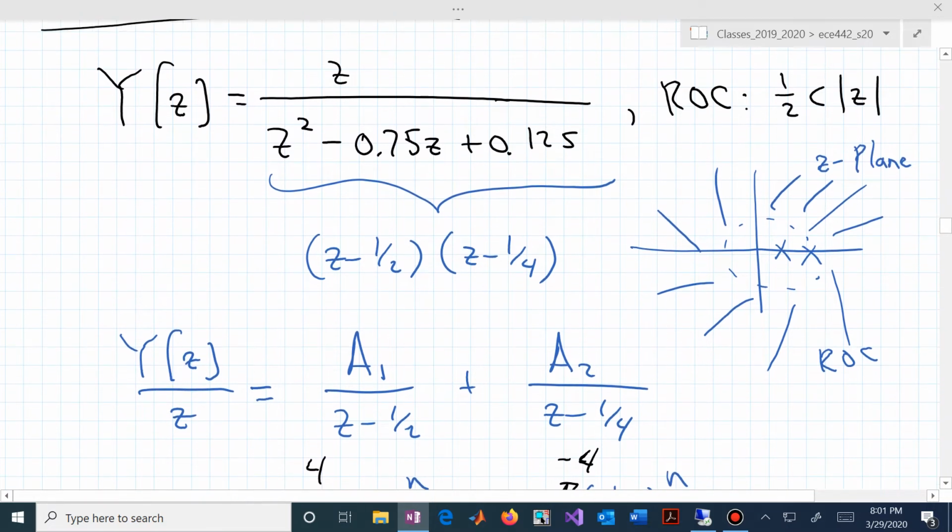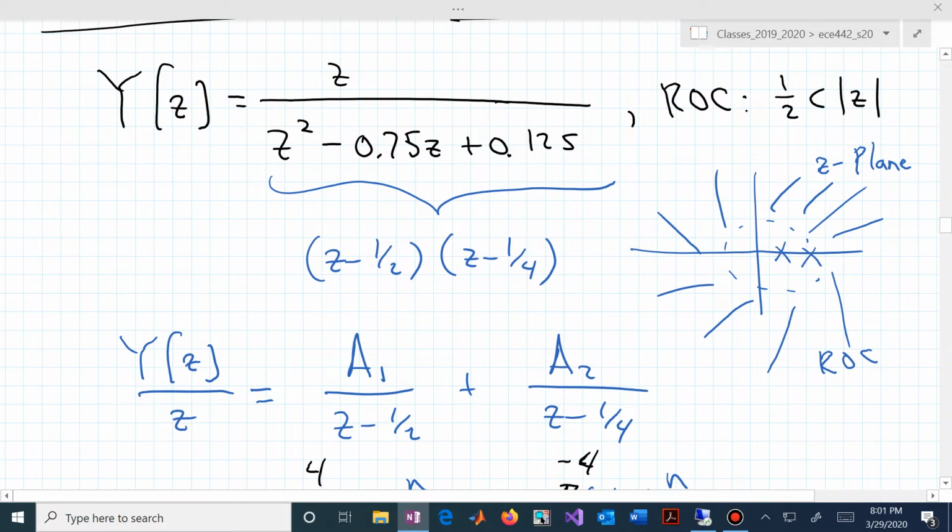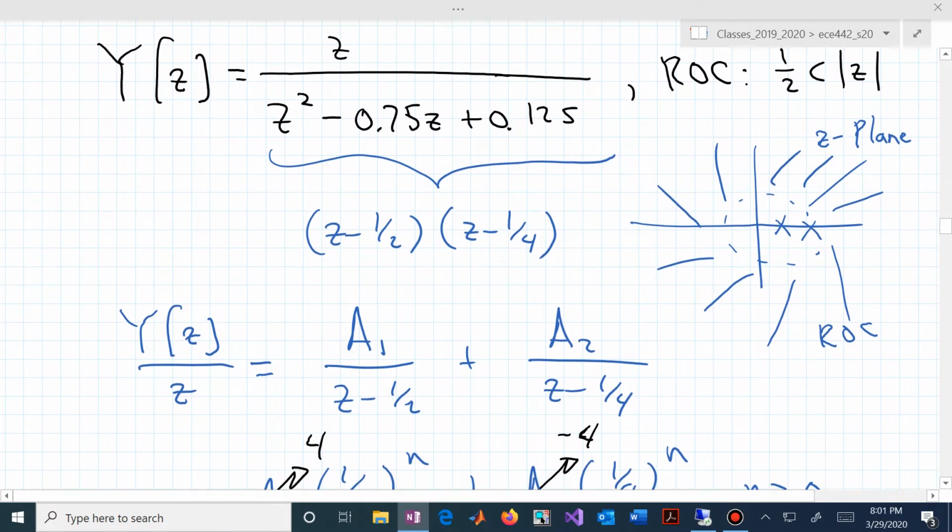You now know that if you wanted to find the inverse z transform, you could do that by looking at y of z over z, which is 1 over z squared minus 3/4 z plus 1/8, equaling a1 over z minus 1/2 plus a2 over z minus 1/4.